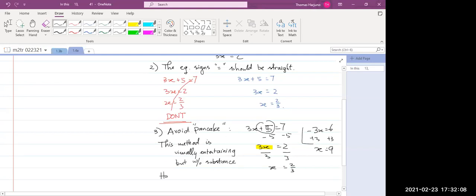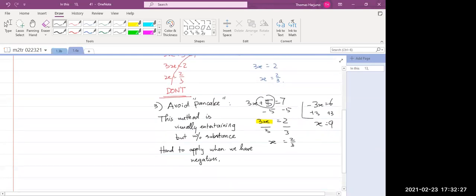It's hard to apply when we have negative numbers, or we have fractions, or when we have decimals.